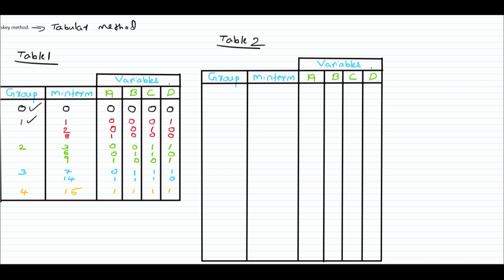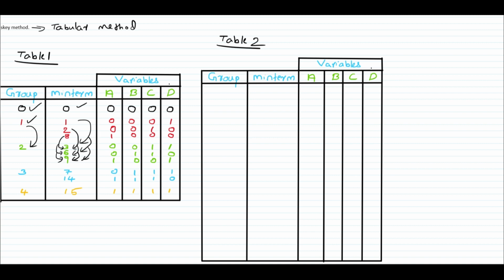That means we compare each min term of group 0 with each min term of group 1. And similarly, we are going to compare group 1 with group 2. That means each min term of group 1 will be compared with each min term of group 2 as shown in the figure.